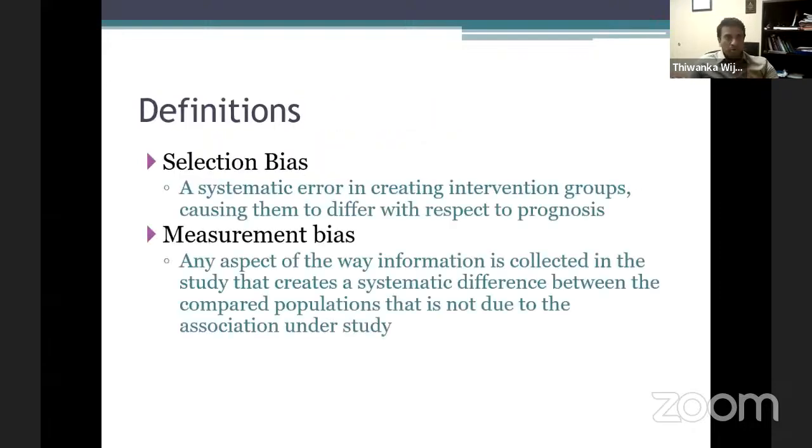So I broadly break down bias into two larger categories. One is the selection bias, and the other one is measurement bias. So these are more applicable to observational studies, so maybe a cohort study or a case control, which I will briefly get into. But if you're looking at an observational study, there are two types of biases.